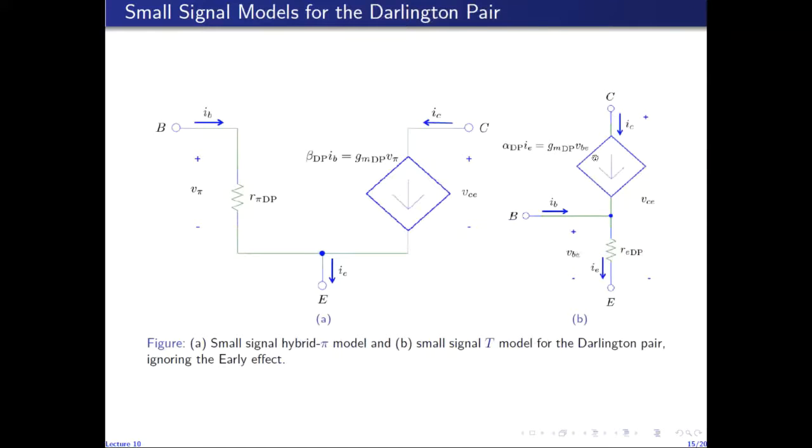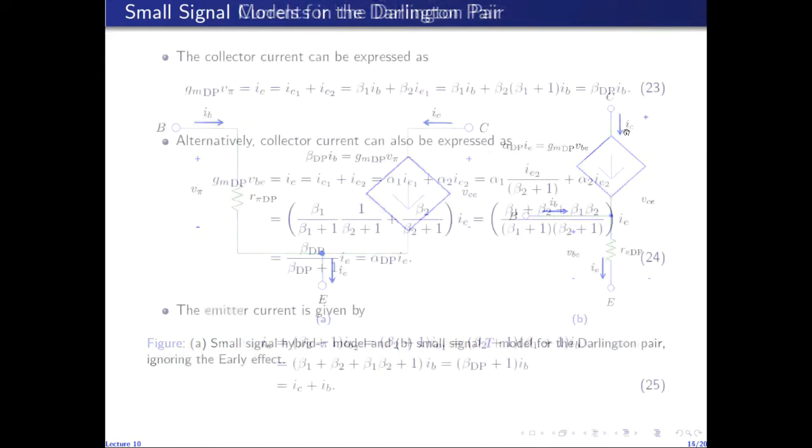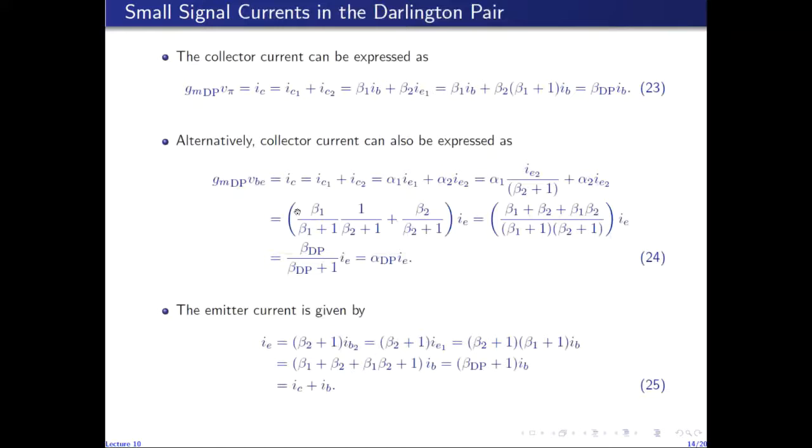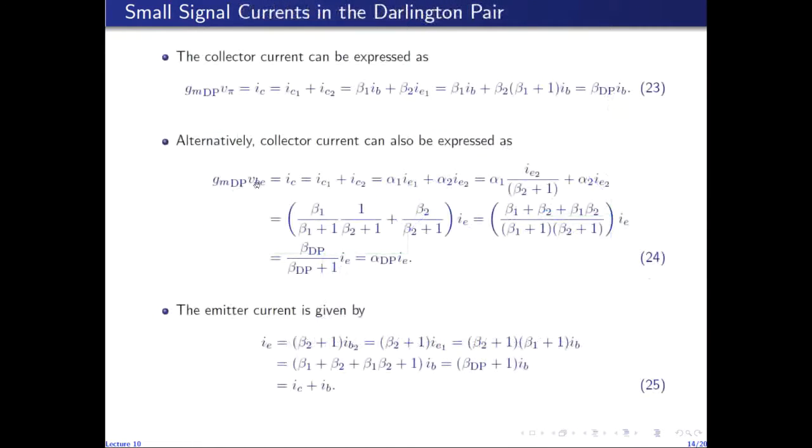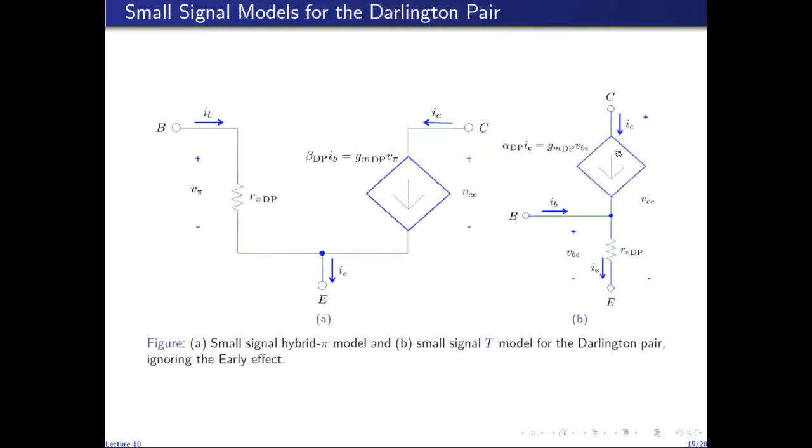Similarly, we can represent IC, which is equal to GM dP times VBE. So IC is GM dP times VBE, and in terms of IE through this relation. So IC can be represented in terms of VBE or IE as a voltage controlled or a current controlled current source. R e dP was defined as VBE over small IE.